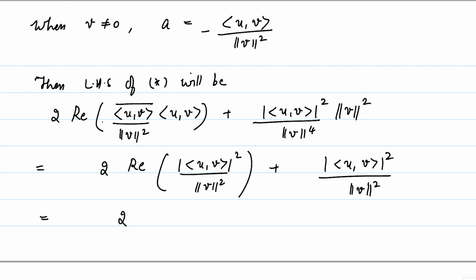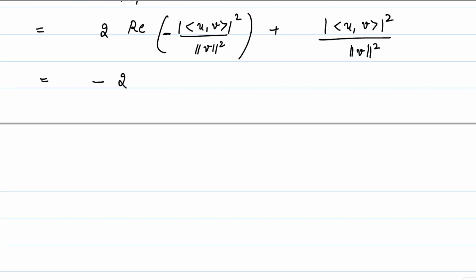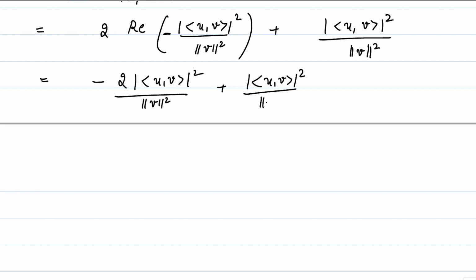Then this will be minus of this, then this is going to be 2 times minus of this, which is minus of 2 times the absolute value of the inner product of u comma v square by length of v square plus the absolute value of u comma v the whole square by the length of v square.